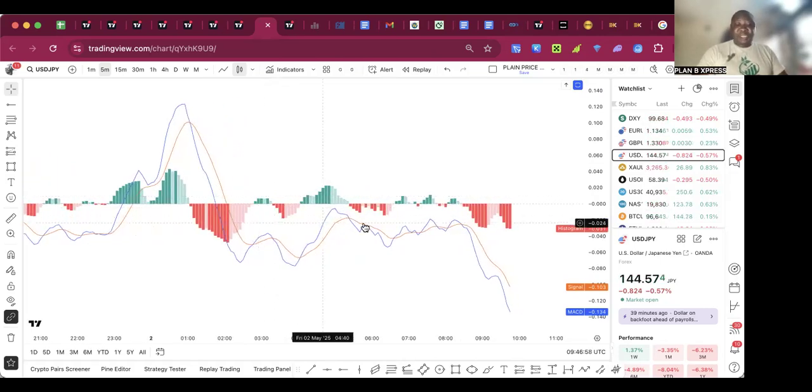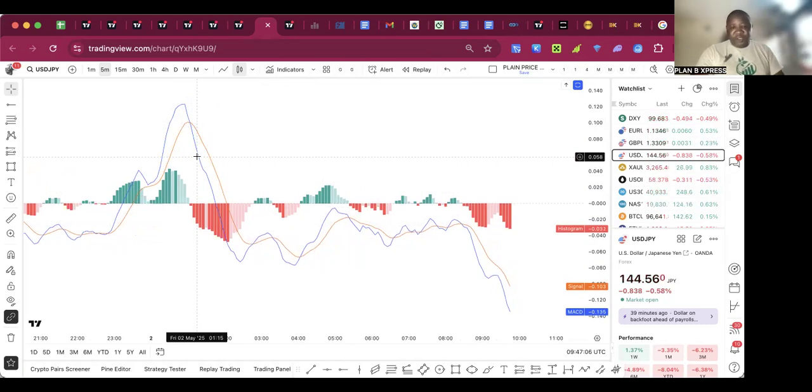And how do you use these 4 things? When the MACD crosses the signal line down, a down cross of MACD going below the signal line is a sign of selling pressure, that we are going down for that time being. But one of the disadvantages of MACD is that it may not work in a choppy market.